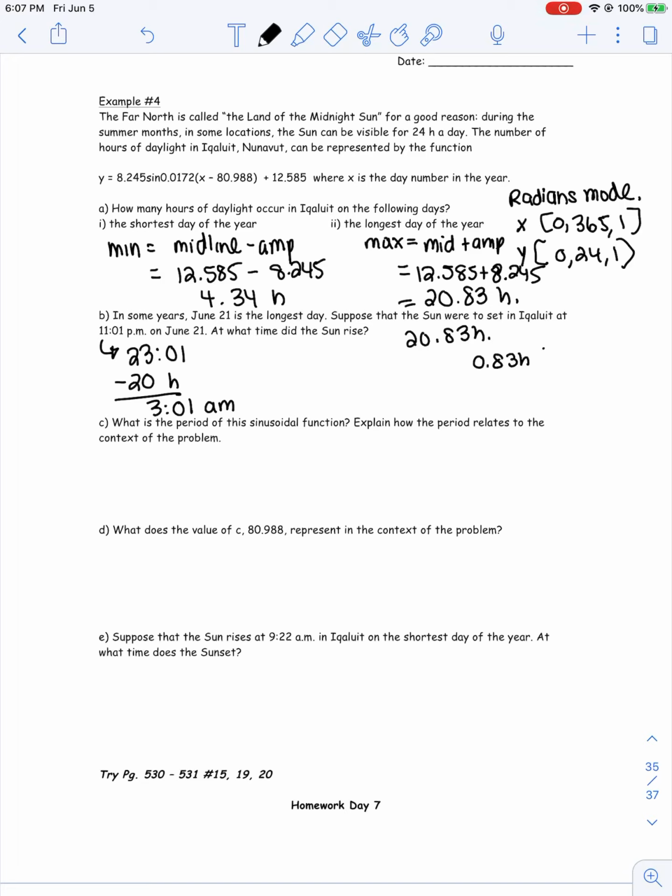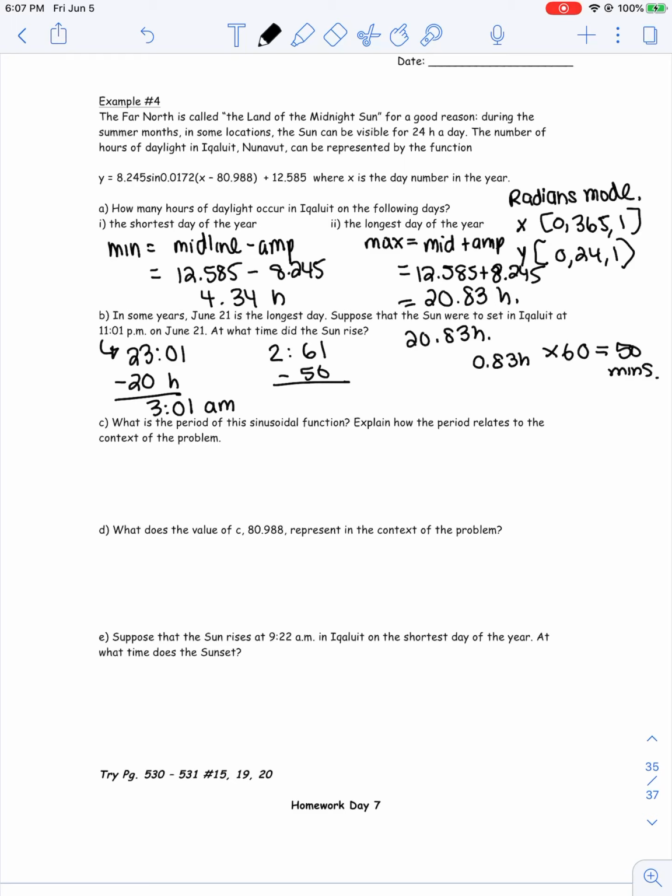So we're going to convert this to minutes by multiplying by 60. That gives us about 50 minutes. So we need to find out what is 50 minutes prior to 3:01. This would be like saying 2:61, so that's like saying 2 hours and 61 minutes, which is equivalent to 3:01 a.m. Now we're going to subtract 50 from this.